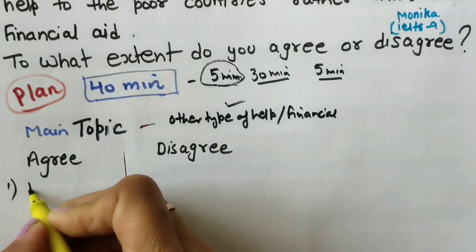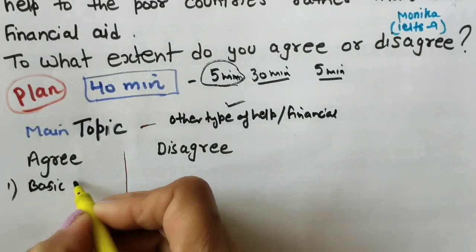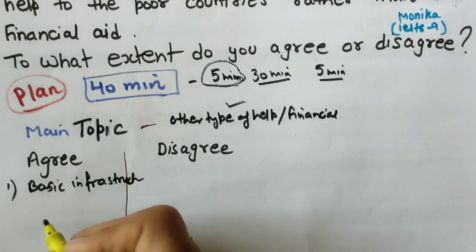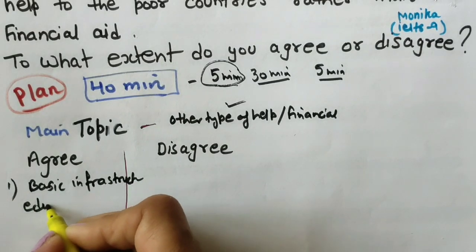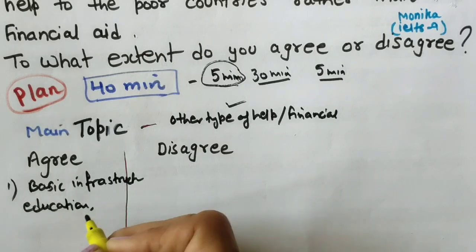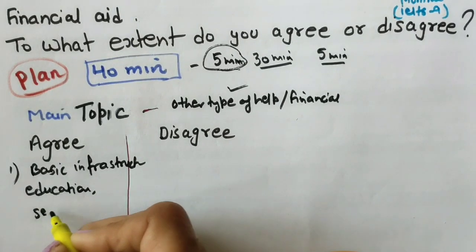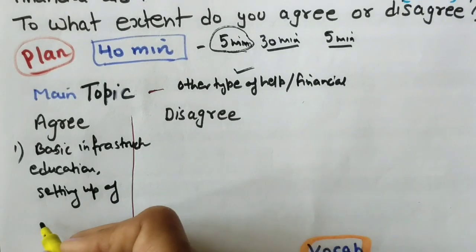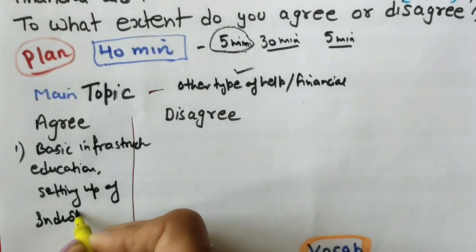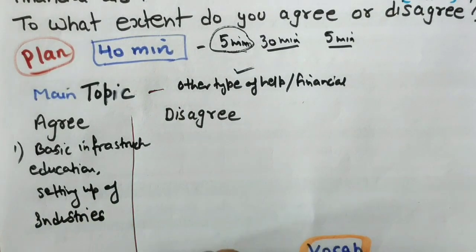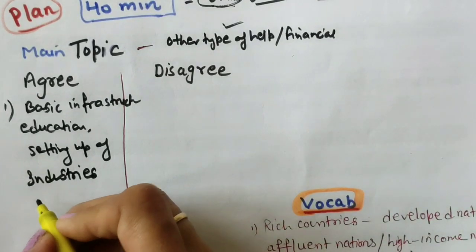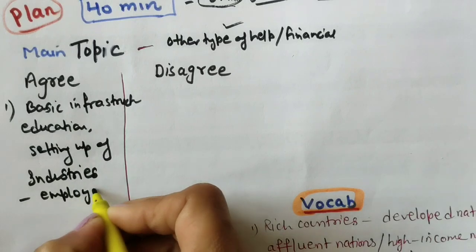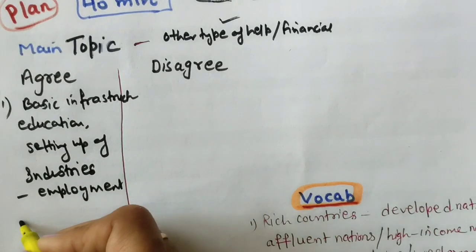In developing basic infrastructure, they are talking about basic infrastructure, like the education sector, and setting up of industries. Whatever comes to my mind, I am writing it. Industries, so that in future they can get more employment. Okay, better healthcare.